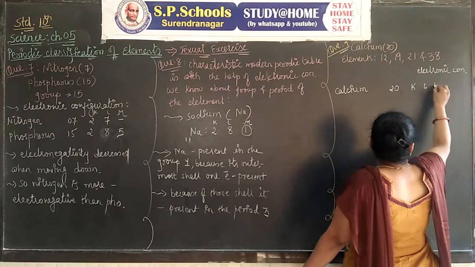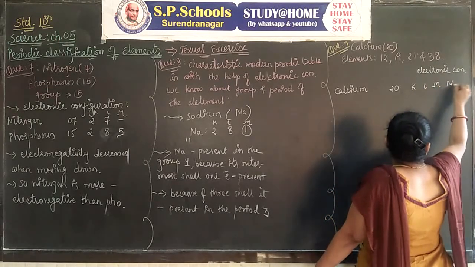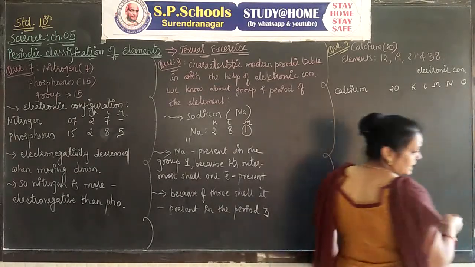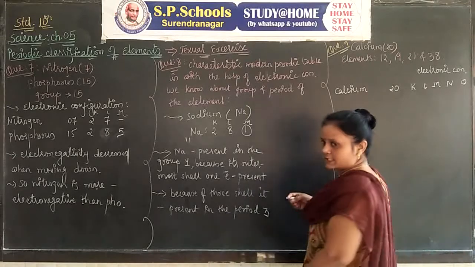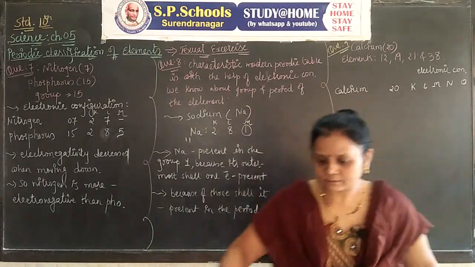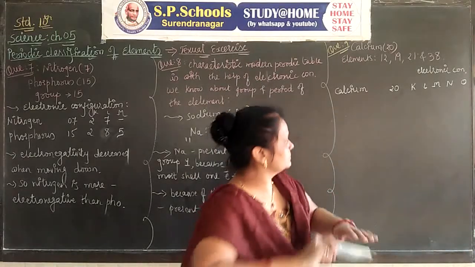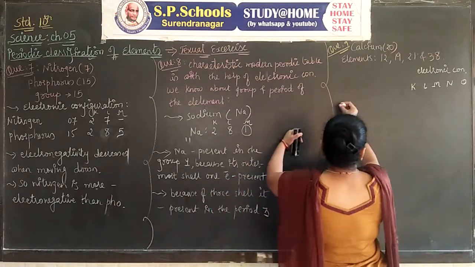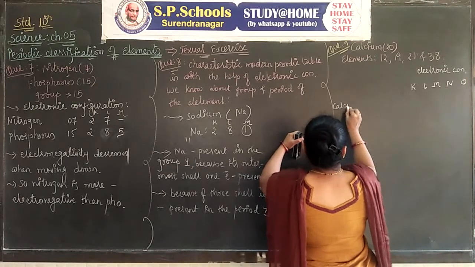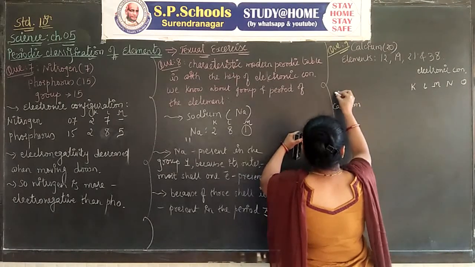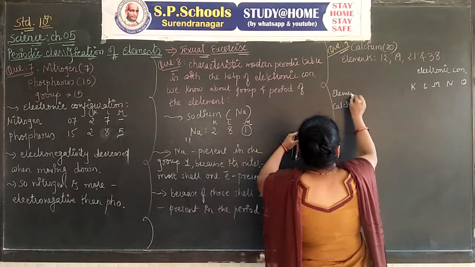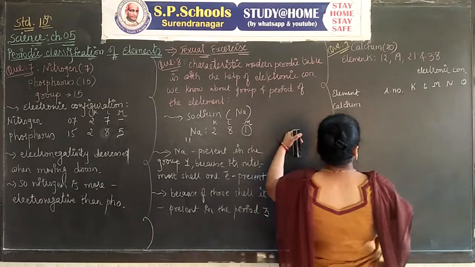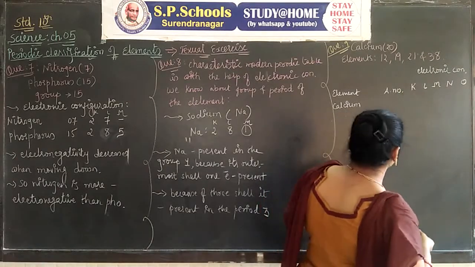K, L, M, N, O. We write calcium here, the element, here atomic number.